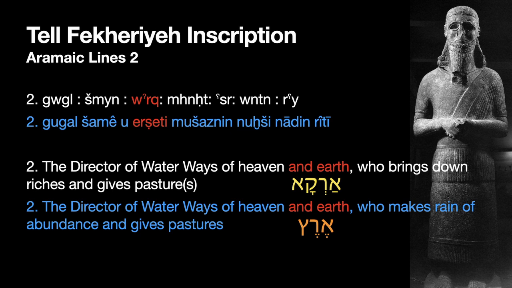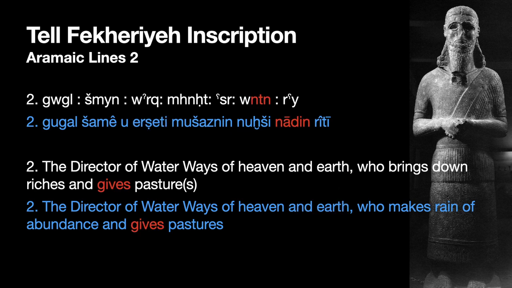And if you compare that with Hebrew, Hebrew's Eretz, right? So you look at Akkadian, Akkadian's pairing a little better with Hebrew here. And the Aramaic, of course, pairs with the Aramaic found in Jeremiah.